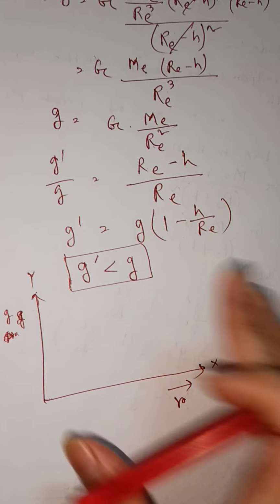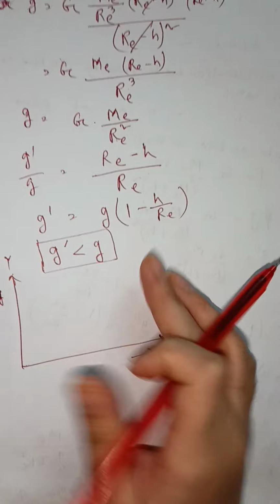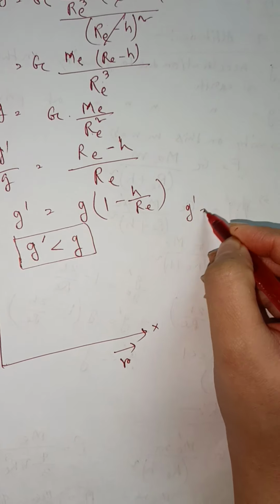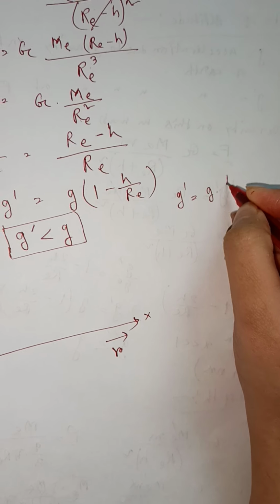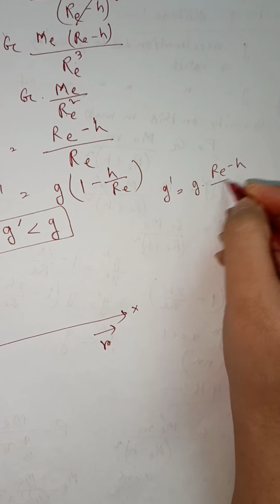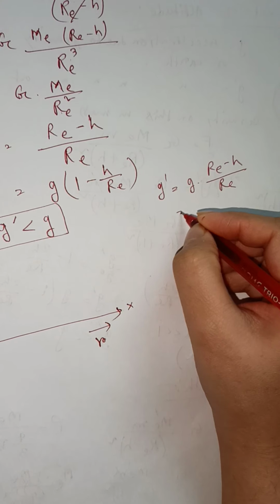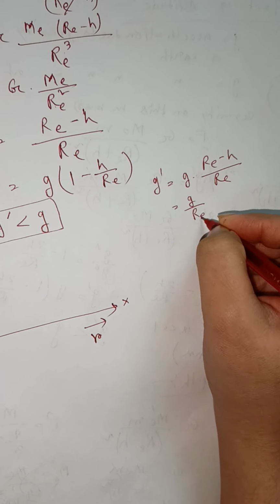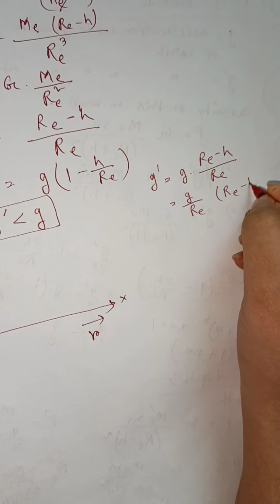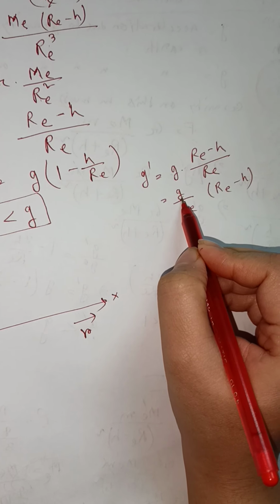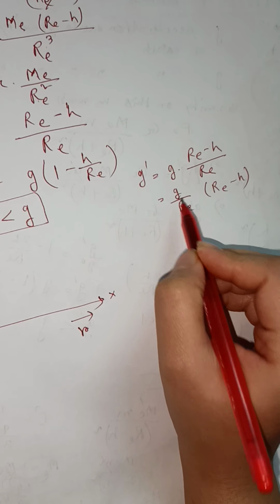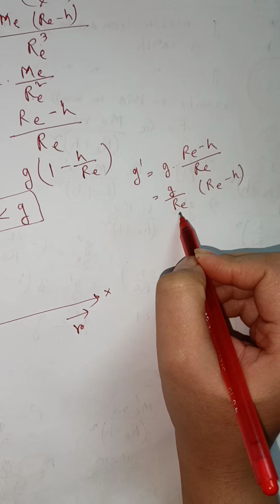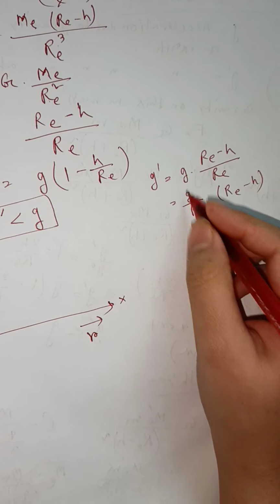And if we look at this equation, g dashed equals g into (RE minus h) by RE. So g by RE will be constant, because g is the acceleration on the surface, which is constant, and RE is the radius of the Earth, which is also constant. So this whole term is constant.